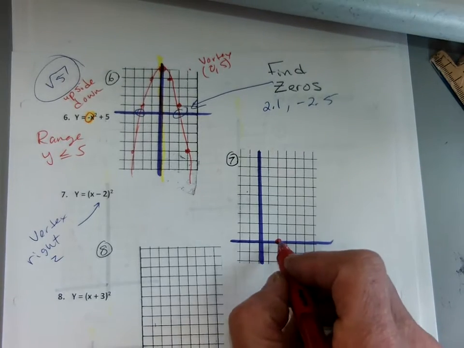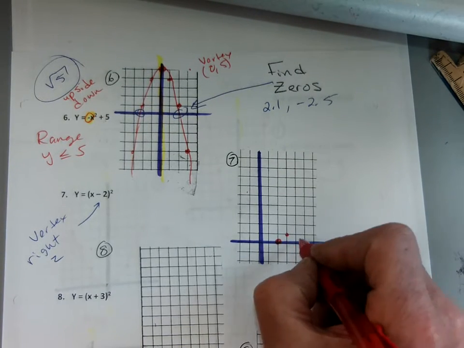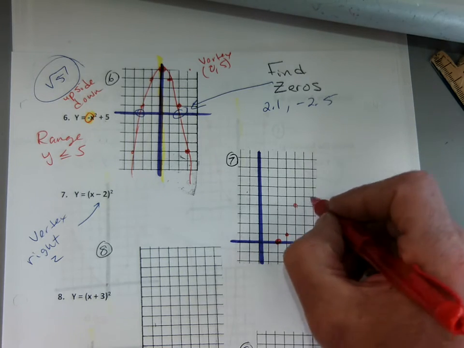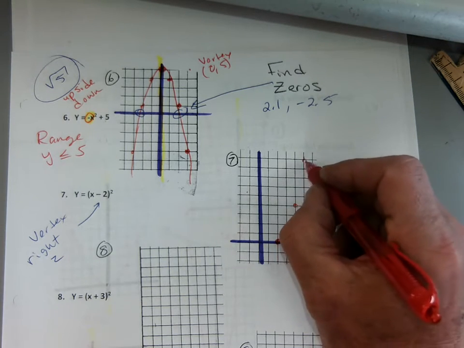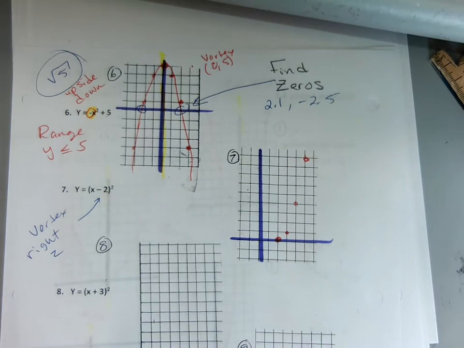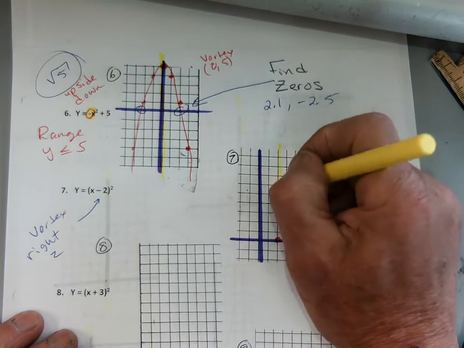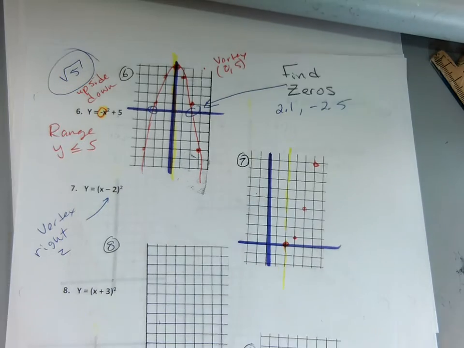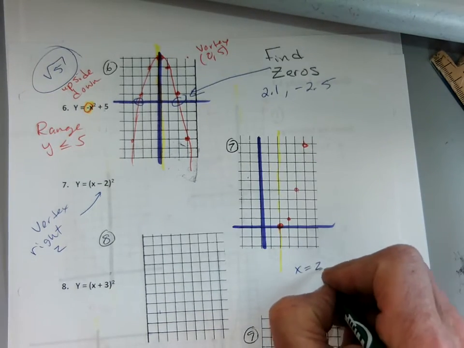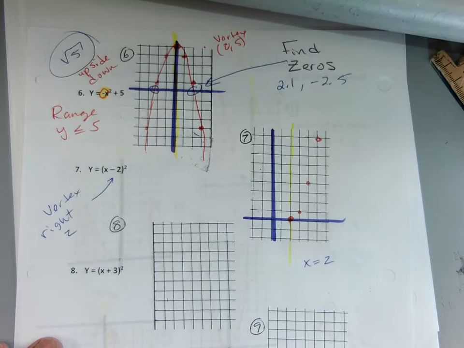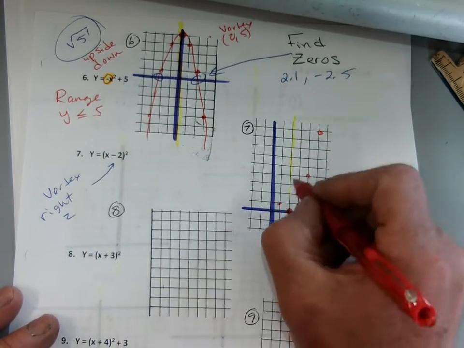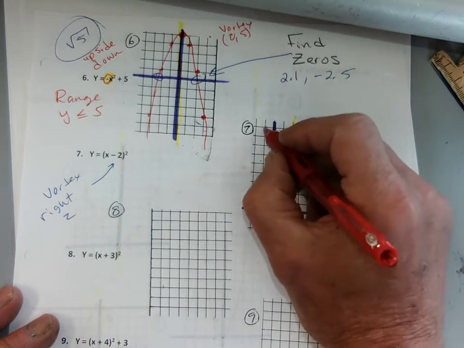Okay, so then I'm still going to do my 1, 1, 2, 4, 3, 9, except my line of symmetry is right here at x equals 2. There's my line of symmetry. The middle of the graph is there at 2, and then I'm going to have the rest of my graph here, here, here. I'm going to draw it in.